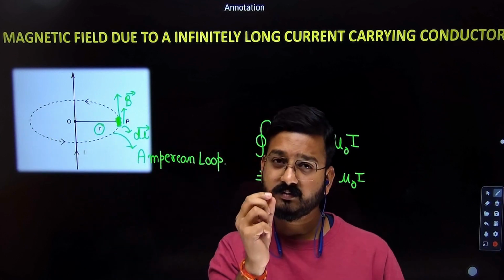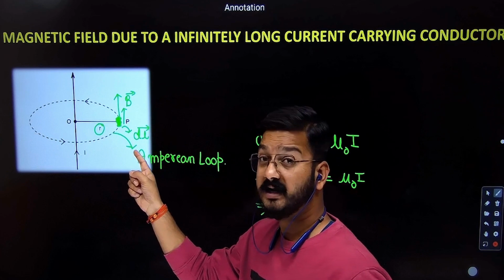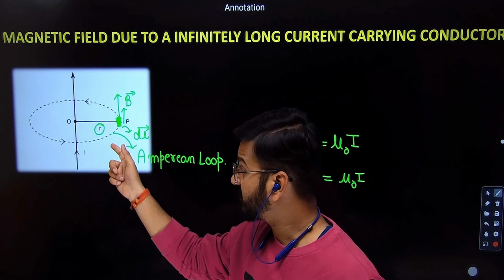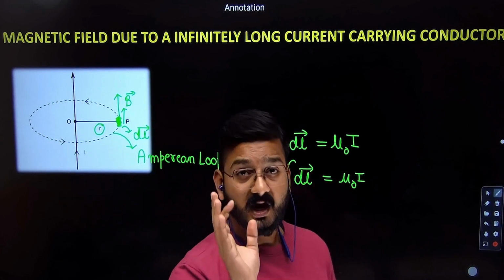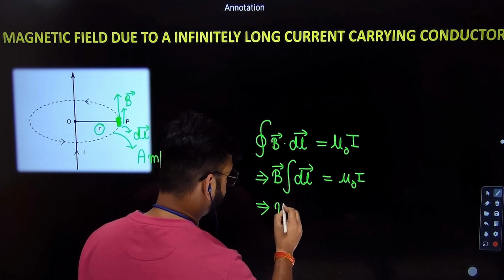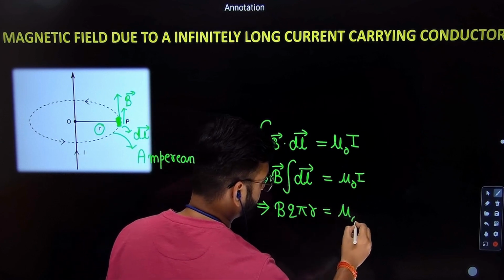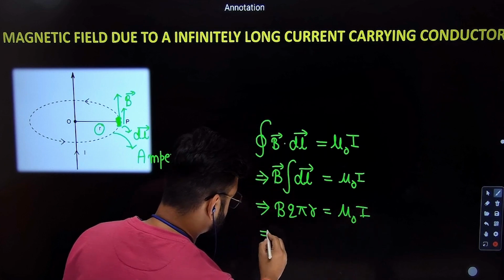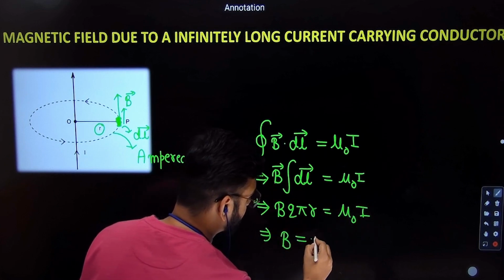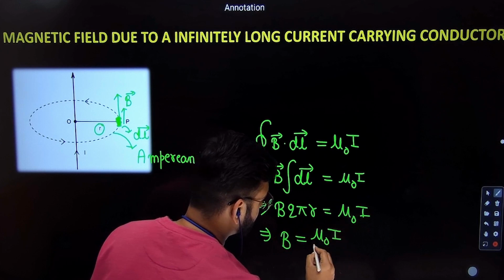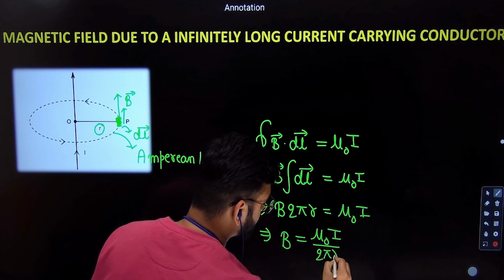When you integrate all the small parts of this loop, what do you get? The circumference of this loop. What is the circumference of this loop? 2 pi r. So B into 2 pi r will be equal to mu naught into current enclosed. So the magnetic field due to an infinitely long current carrying conductor is mu naught I by 2 pi r.